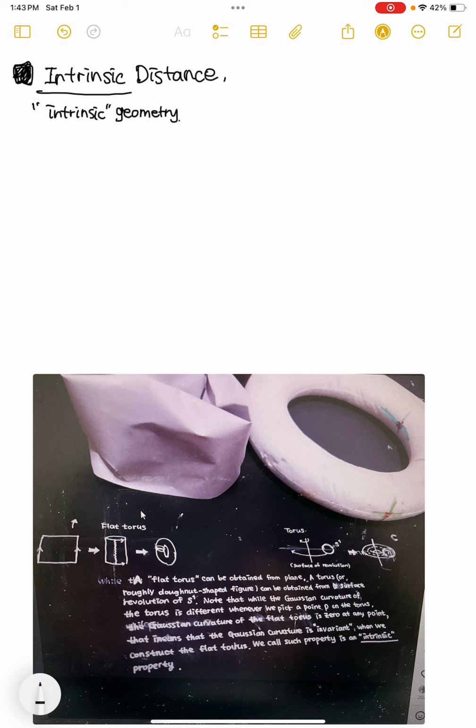Roughly speaking, intrinsic geometry is described by the first fundamental form. What is the first fundamental form?